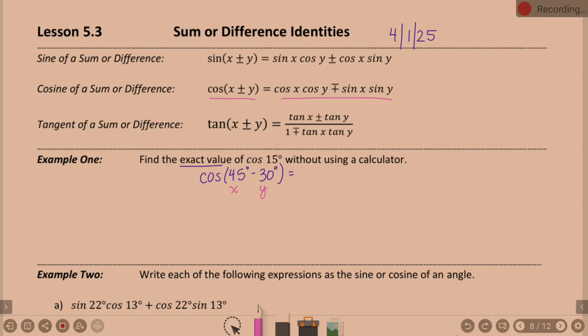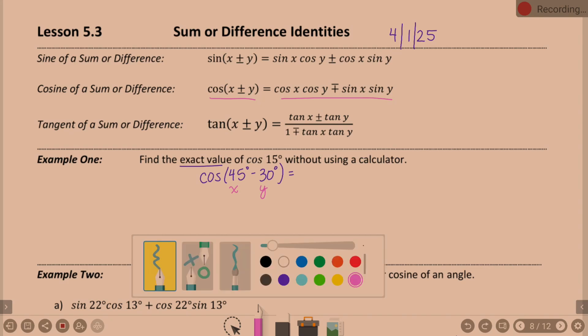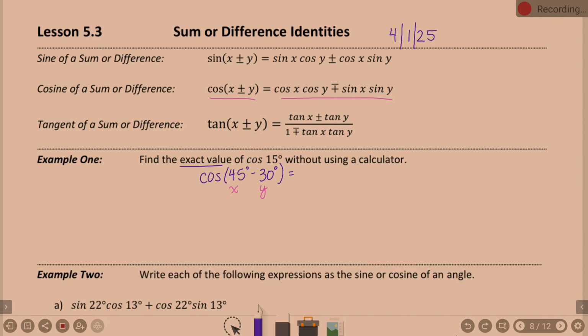So we're going to write this out. Instead of using x's and y's, though, we're going to use 45 degrees and 30 degrees. So start off with cosine x, cosine y. So that's going to be cosine of 45 degrees. Cosine y is cosine of 30 degrees.